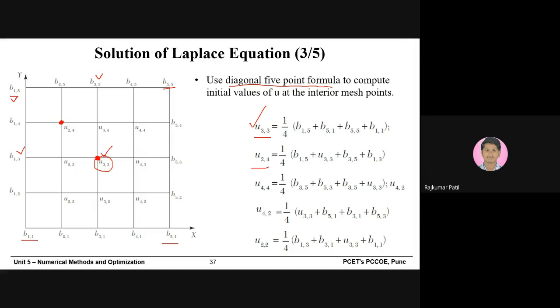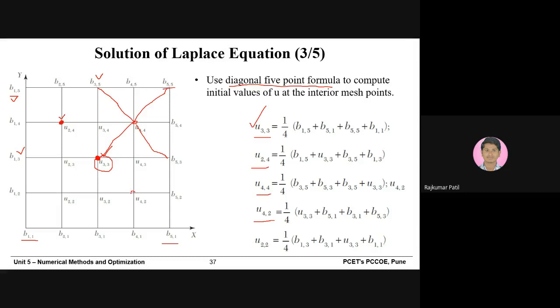So by using these 4 data points, you can calculate u24. Similarly, u44. For u44, the diagonals are b35, b53, b55 and u33.